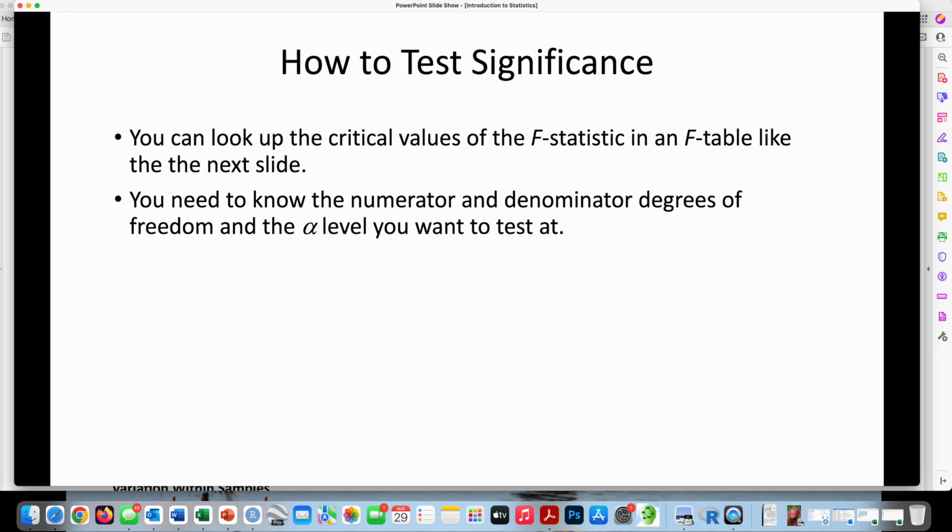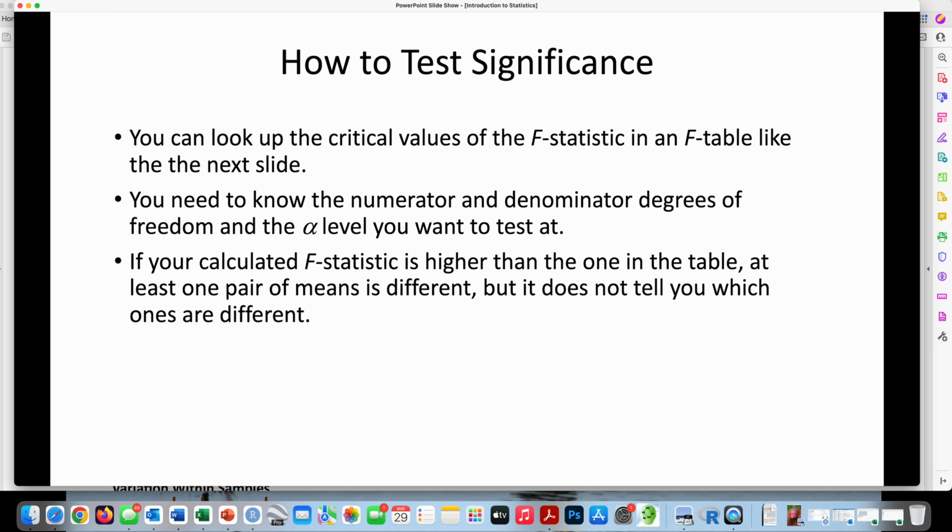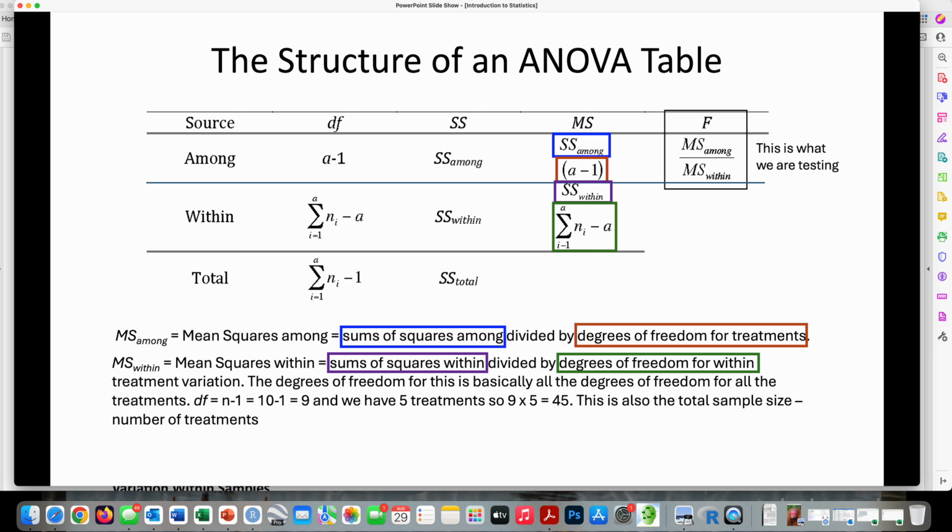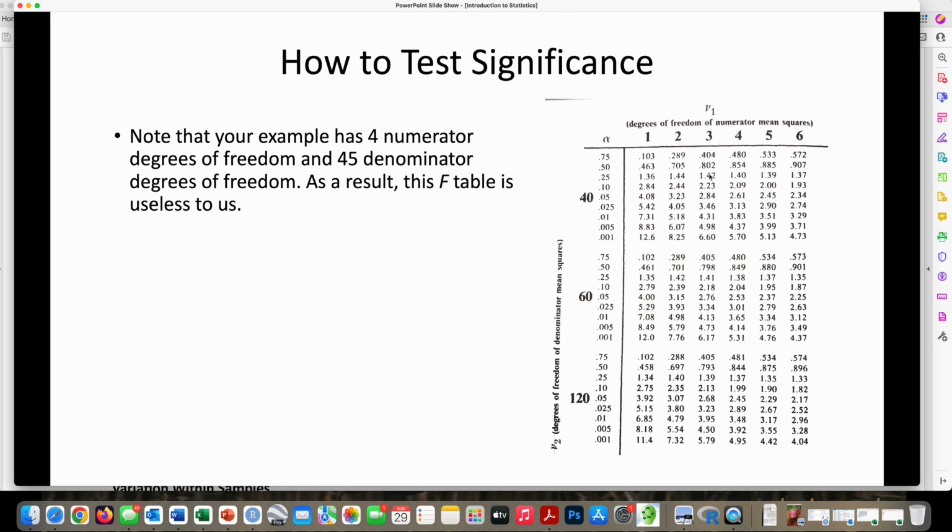Once you have this, you can look up the critical values of the F statistic in an F table. You need to know the numerator and denominator degrees of freedom, and they come from this ratio. What's the numerator degrees of freedom? It's the degrees of freedom in the numerator, the among. What's the denominator degrees of freedom? It's the degrees of freedom for the denominator, which is within. So your example has 4 numerator degrees of freedom and 45 denominator degrees of freedom.